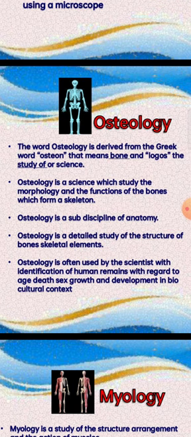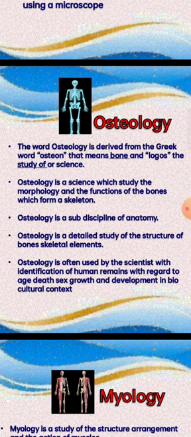Osteology is a science which studies the morphology and the functions of the bones which form the skeleton. It studies how the skeletal system is formed, what the materials are, and how the bones are formed. All these things come under the subject of osteology.